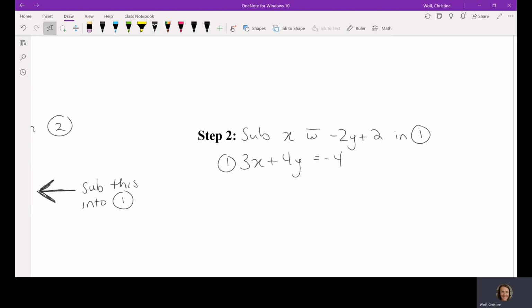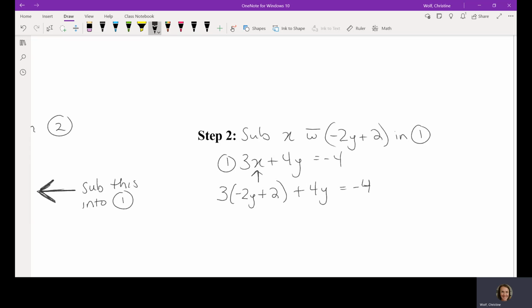Okay, so where I see an x, I now replace x with that. So I still have the 3, but instead of an x now, I have to replace x with what it's equal to, which is -2y plus 2. And then I recopy the 4y equals -4.